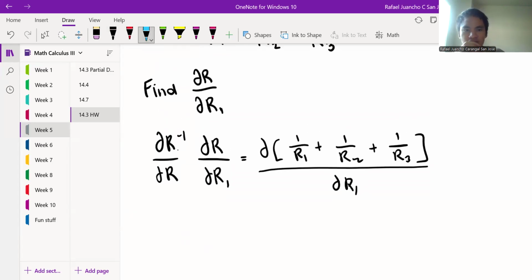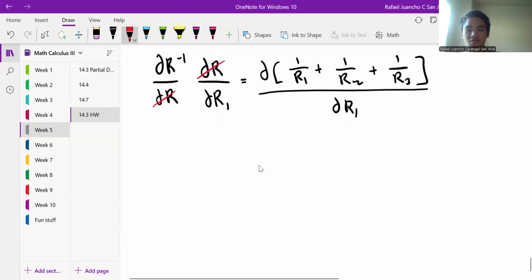Oh, it's because you cancel this thing. And so you get partial of R to the negative 1 with respect to R, which is the partial of this with respect to R1. So that makes sense. And then from there, this is negative R to the negative. So we're just taking the derivative of this thing.